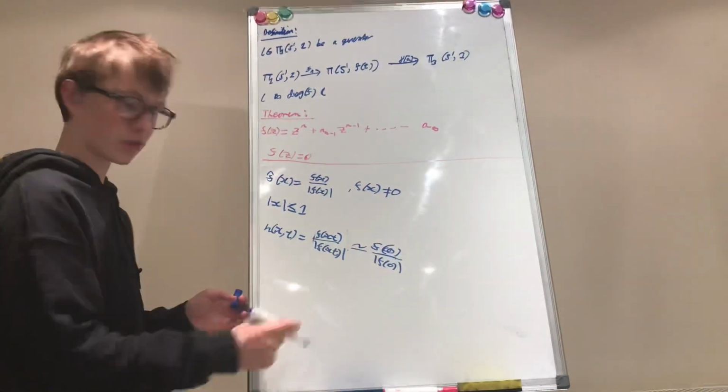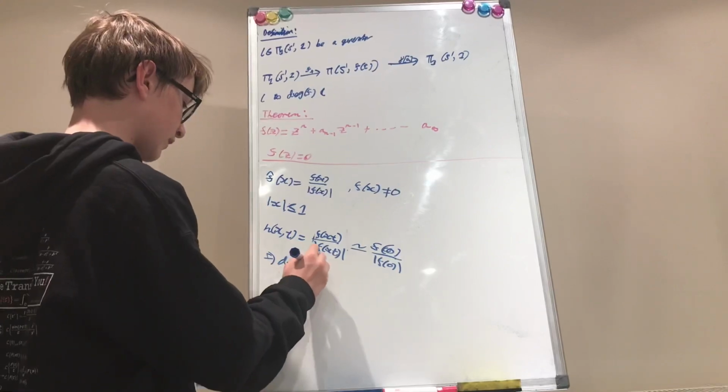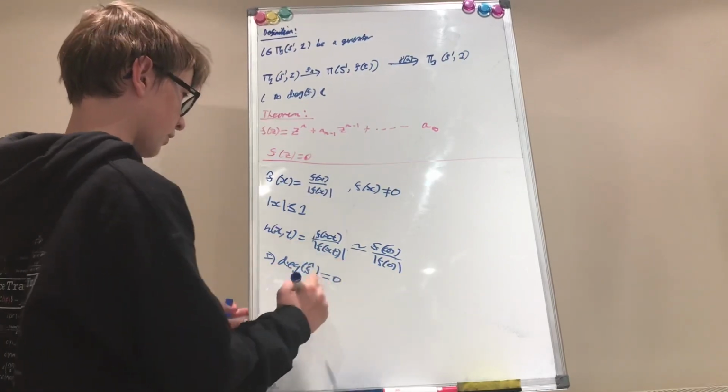And because this map is constant, this means that the degree of f hat is equal to 0.